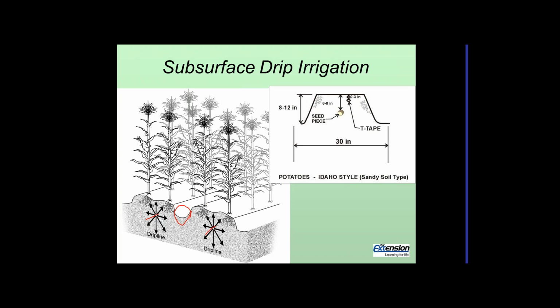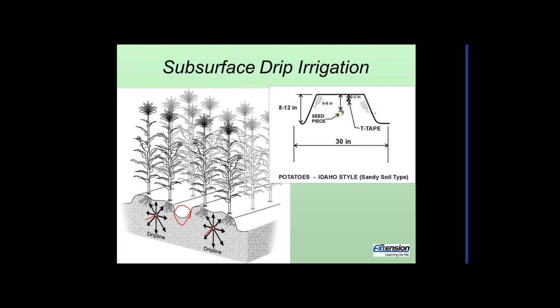These are typically put in permanently. Costs can be fairly high, $1,000 or more an acre to put these in. And one of the issues with these is if there's a damaged spot, sometimes it's hard to find until things aren't getting watered correctly.